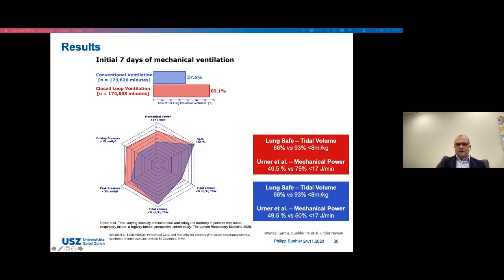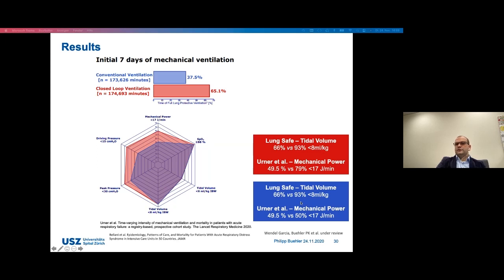Already compared to the LUNG SAFE study, and a new study published in Lancet Respiratory Medicine by Urner, on time-varying intensity of mechanical ventilation and mortality in patients with acute respiratory failure.